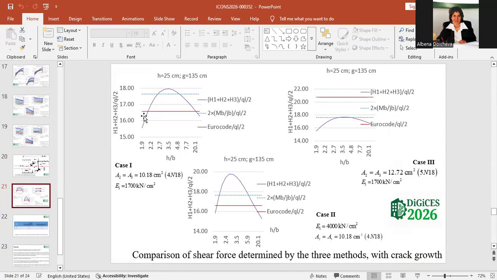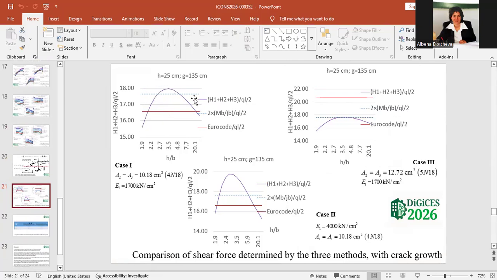In the first graph, case 1, with the red line, we can see the shear force calculated by Eurocode. And the blue line is from literature.